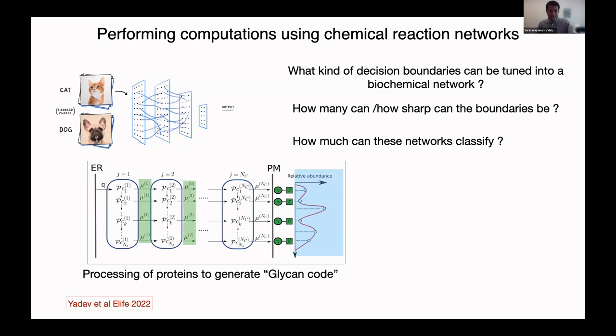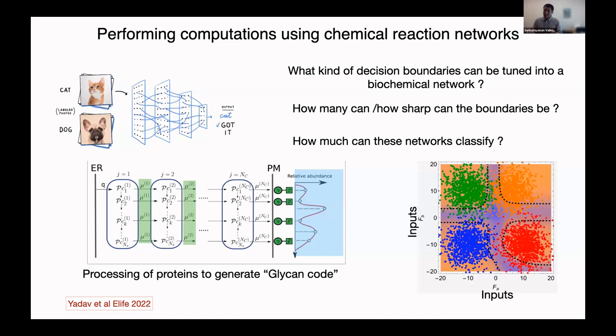So the greens are my inputs. These are the rates of different enzymes that go in and modify the protein. The output is the relative abundance of the different sugars. And it turns out that there's very good evidence that the system ends up performing what looks like an excellent classifying task.